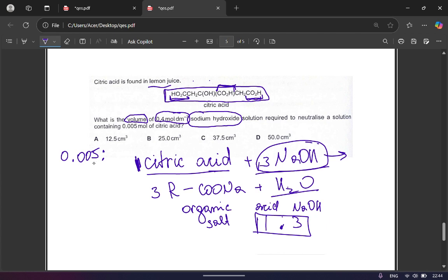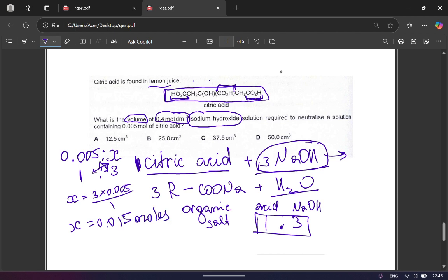If we have 0.005 moles of citric acid, how many moles of sodium hydroxide are we going to have? Here we can just use a simple cross multiplication again. So x will be equal to 3 multiplied by 0.005 over 1, which is 0.015 moles.